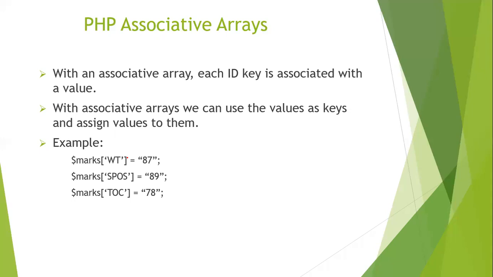So associative array is an array with string index, and this stores values in association with the key values rather than in a linear index order. So over here, if you have observed, instead of using numeric values, that is 0, 1, 2, 3, 4, we are using a string.